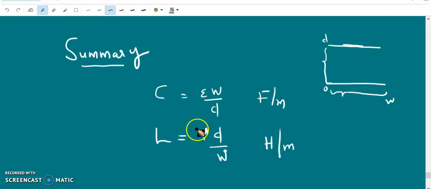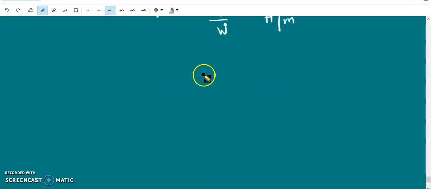We also got the time harmonic transmission line equations, which are coupled equations in V and I. Then using these two equations, we decoupled them and got an equation for V alone and I alone. We have written the solution, that means the expressions for V and I.